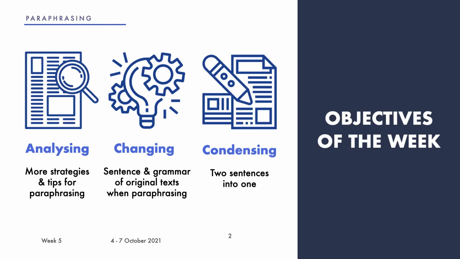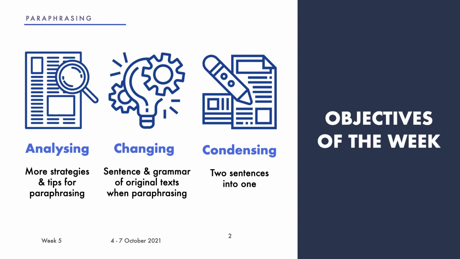And here are the objectives of the week. We're going to analyze more strategies and I'll show you more tips for paraphrasing. We'll also look at how we change the sentence and grammar of the original text when paraphrasing.